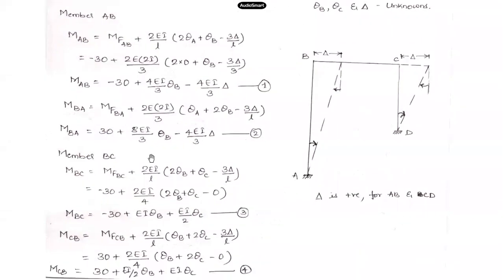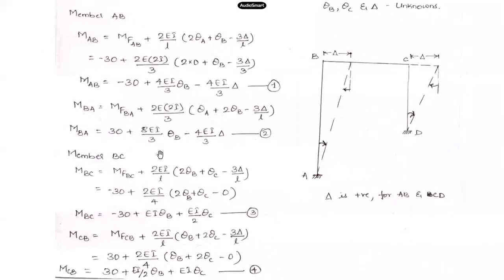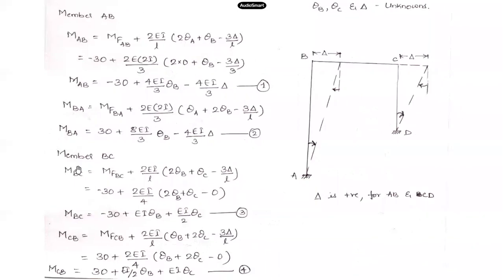Similarly, when I take member BC and want to write the slope deflection equation, MBC is equal to MFBC plus 2EI by L into 2 theta B plus theta C minus 3 delta upon L. Here you have minus 30 plus 2EI by 4, and note that theta B and theta C rotations exist at both ends, so 2 times theta B plus theta C. What about delta?